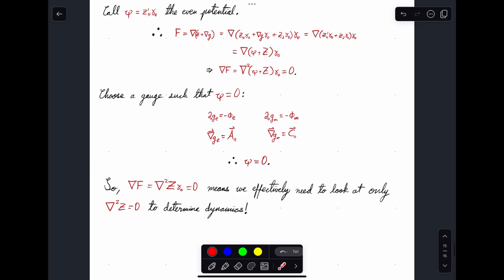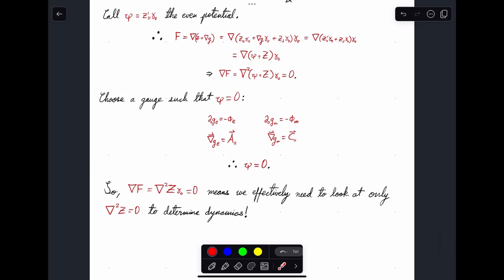So because we choose a gauge equal to 0, then we effectively only need to look at this change of the bivector potential to see what's going to happen for F.